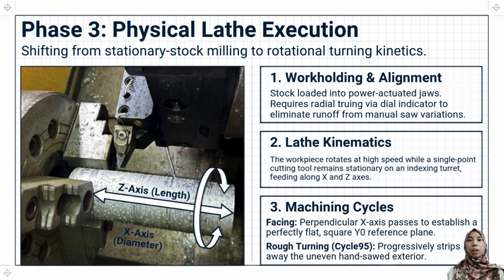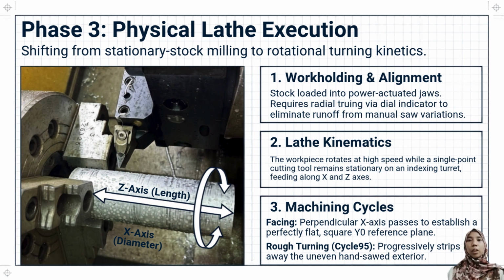Unlike milling, where the cutting tool is rotated, the lathe operates by rotating the workpiece at a high speed while the cutting tool remains stationary on the turret. As shown in the figure, the tool moves along the z-axis to control the length of the component and along the x-axis to control the diameter.